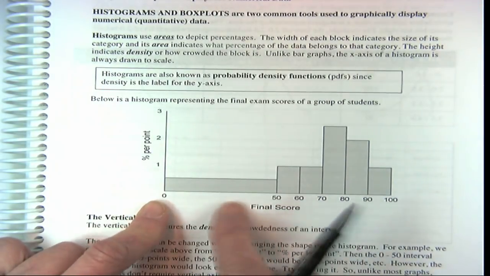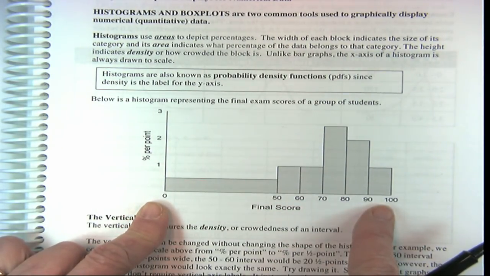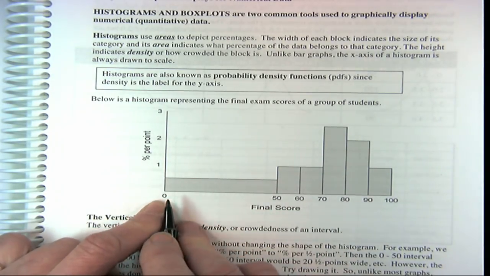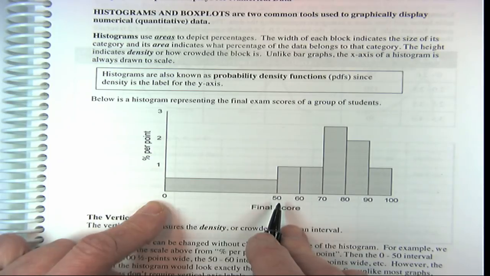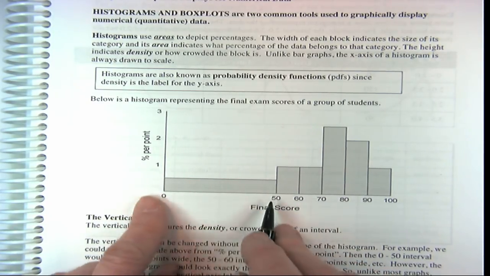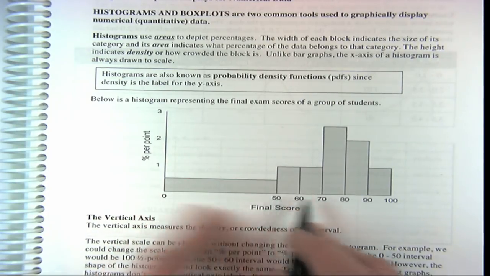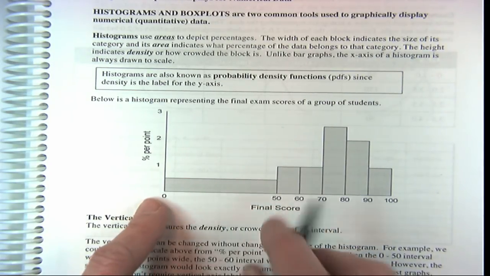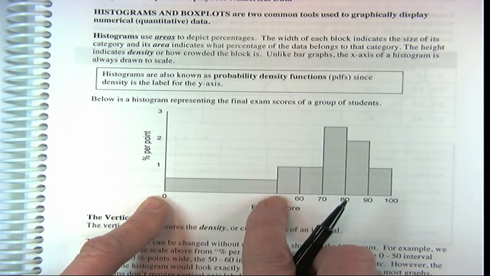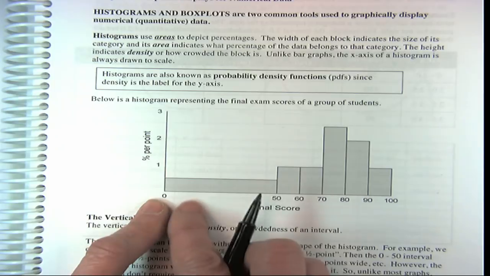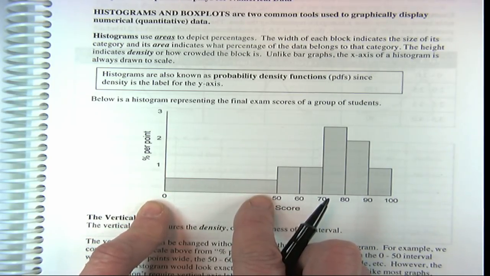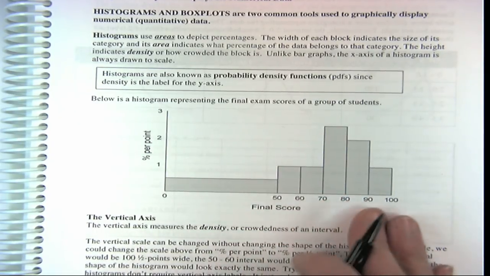Histograms are used for quantitative data, like here are final exam scores of a group of students, and notice that this 0 to 50 block is 5 times as wide as the 50 to 60 block. In a bar graph, even if it was numerical data, the widths are not necessarily drawn to scale. They're just all the same. So that's the big difference.